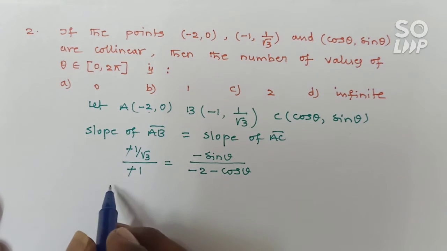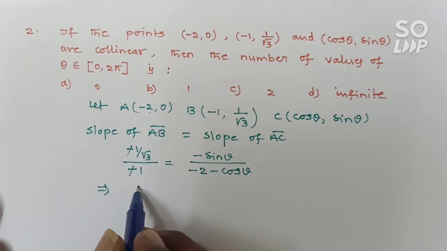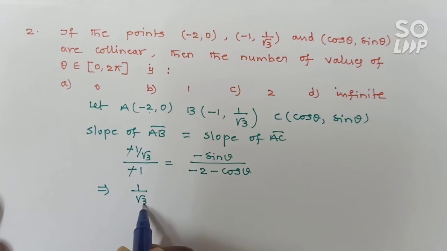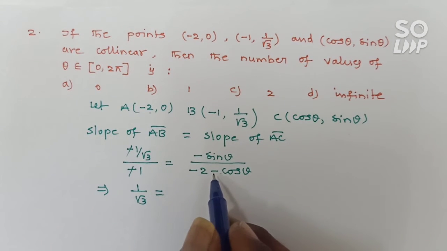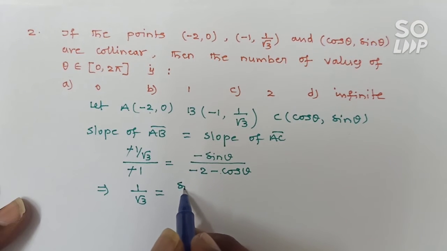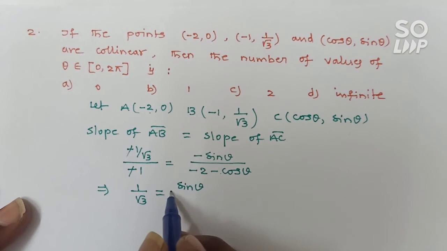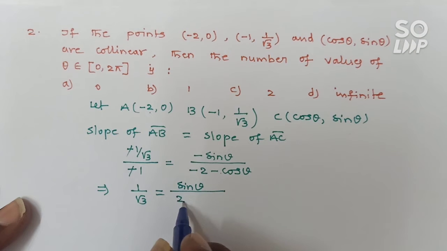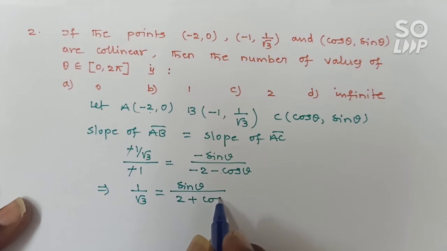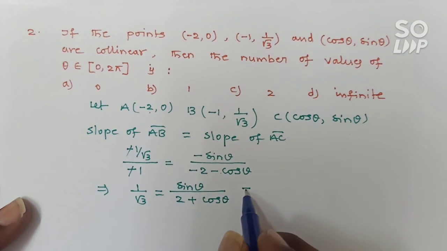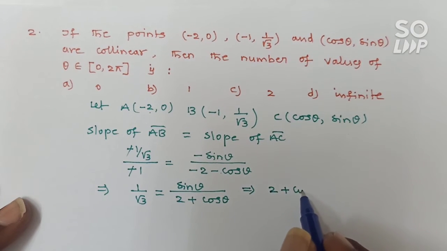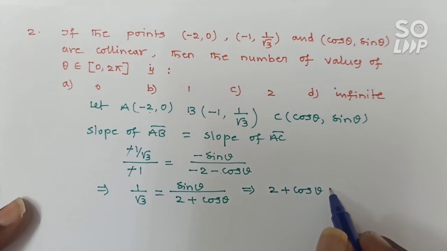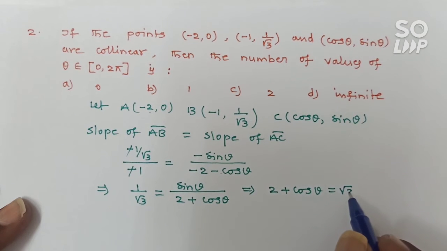That implies you will get 1 by root 3 is equal to, in this one also you take minus as a common factor from numerator and denominator, sin theta by 2 plus cos theta. Now you cross multiply this one. That implies 2 plus cos theta is equal to root 3 into sin theta.